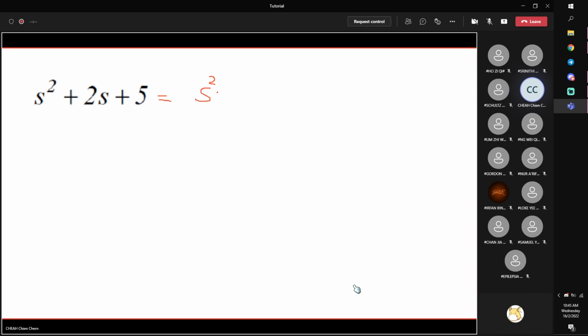This is s squared plus 2s plus 5, plus 1, and then minus 1, so it still remains the same. Now, why I plus 1 is because here I can put them into (s plus 1) squared, and then over here is plus 4.